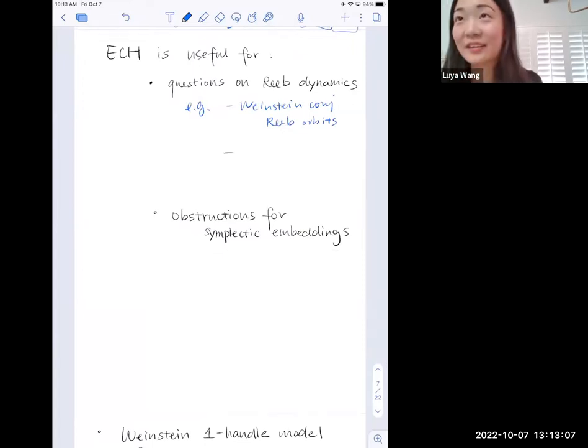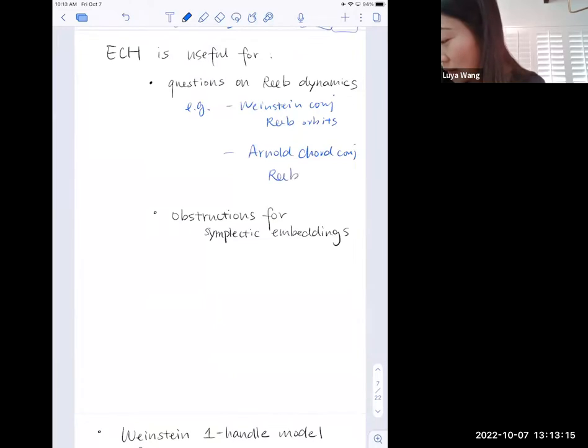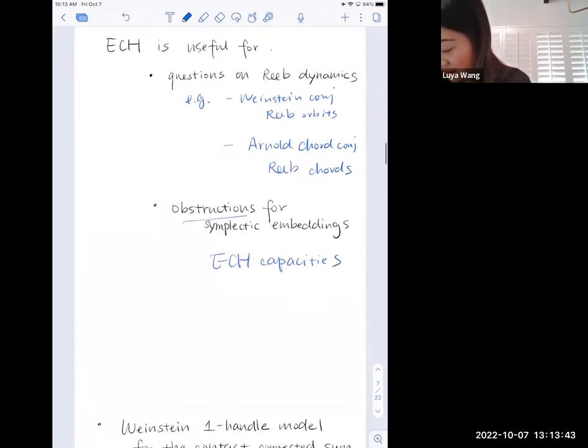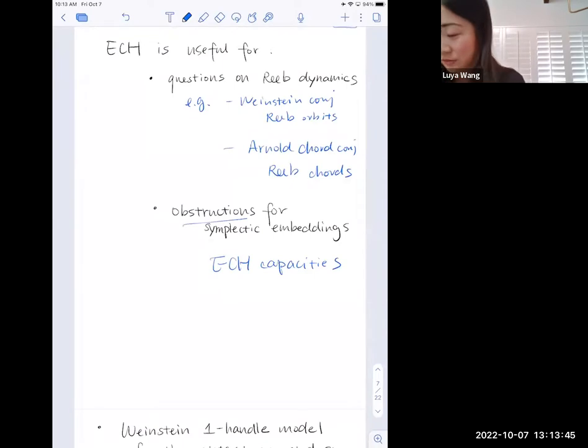And then you have the Arnold chord conjecture, which tells you the existence of Reeb chords. ECH is also used for obstructing symplectic embeddings. There is a quantitative invariant associated to ECH, the ECH capacities, and they're useful. They're monotone under symplectic embeddings, so they can obstruct symplectic embeddings. Okay, so that's an overview of ECH.